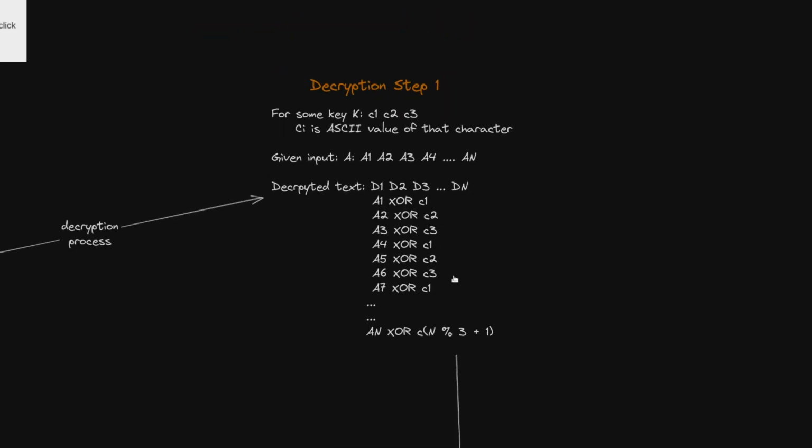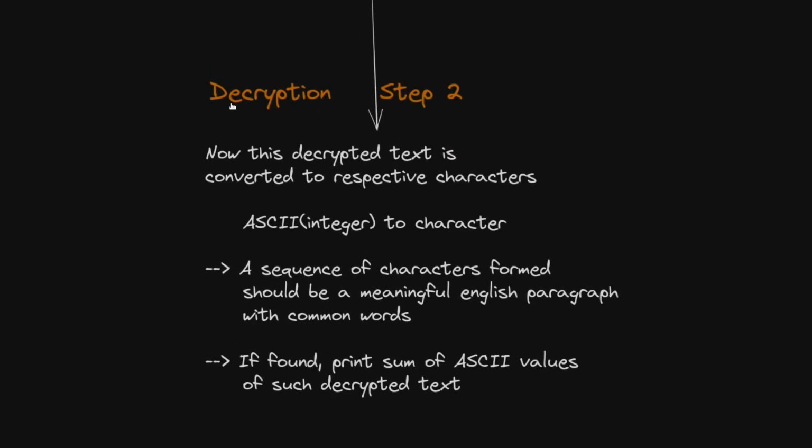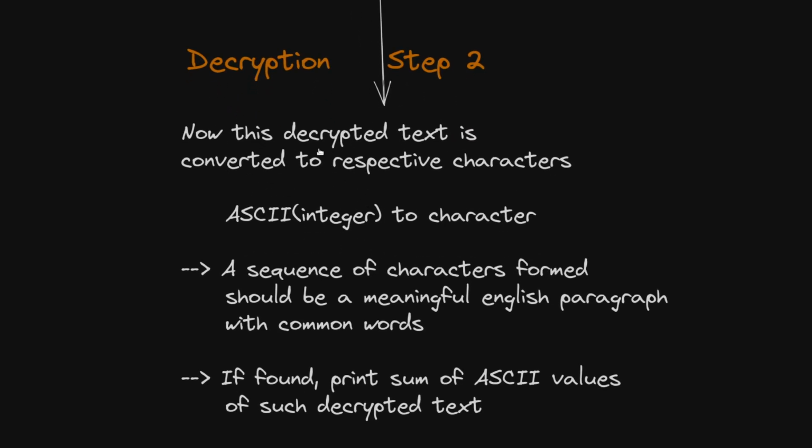So after this step we are going to end up with some decrypted text, and this is again the integer representation. So first of all we need to convert that ASCII to character, and we arrive at a sequence of characters which should contain a meaningful English paragraph with common words.